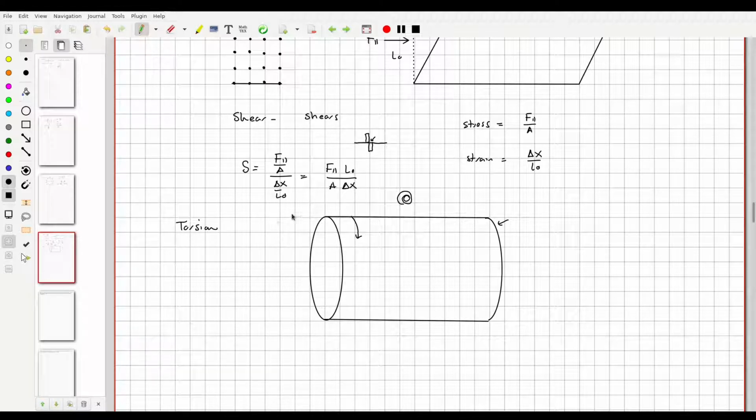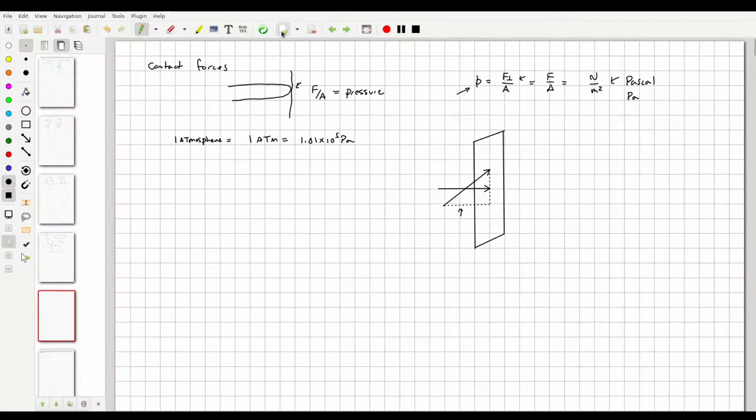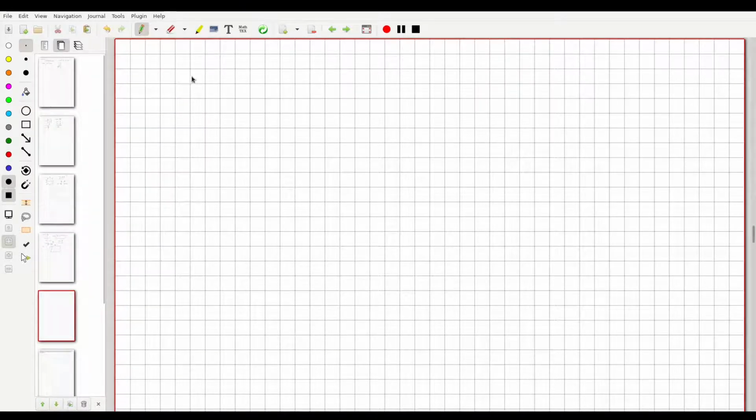but it is a unique way that you can stress a material. So, you have three basic ways that you can stress materials. You can compress or stretch them, and there you have a Young's modulus. You also have a bulk modulus if you're dealing with a volume.